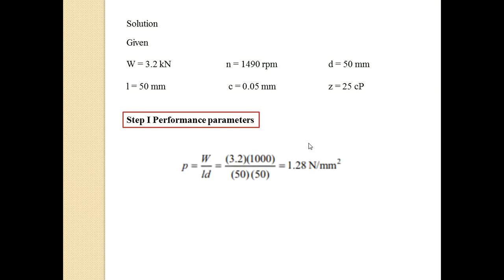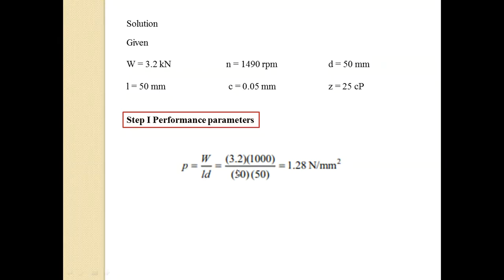So first, step 1, performance parameters. P is the bearing pressure, so P is equal to W divided by L into D. W is the load, divided by the area, since L into D is nothing but the area.